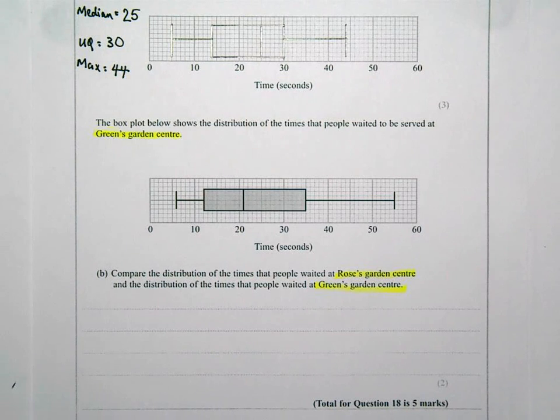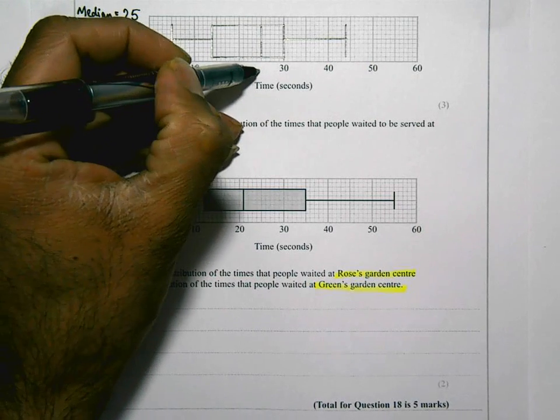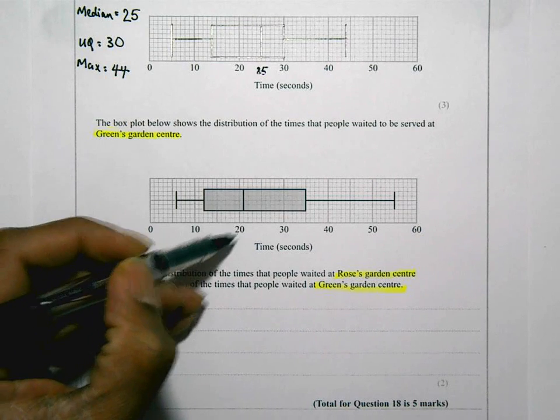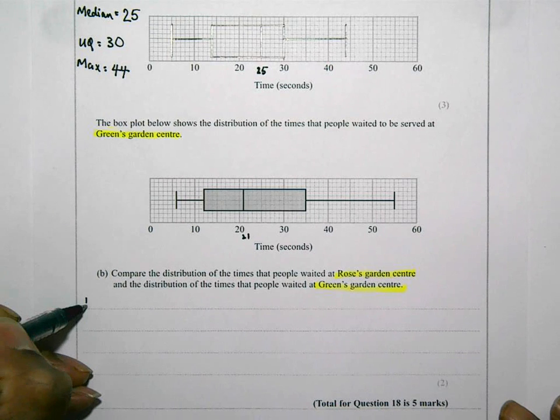So first of all, looking at the median, at Rose's Garden Center it is 25, and the median at Green's Garden Center is 21. So I'm going to call it 1, the first comparison.